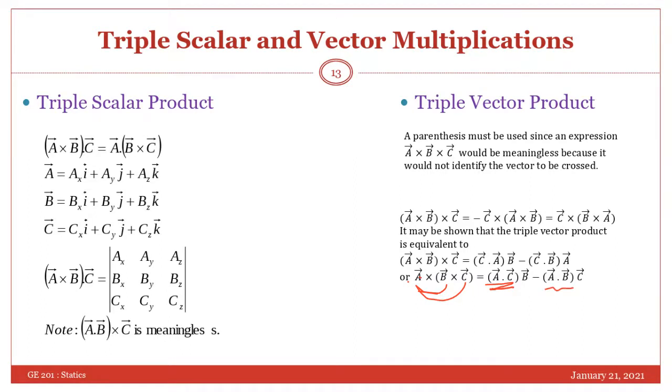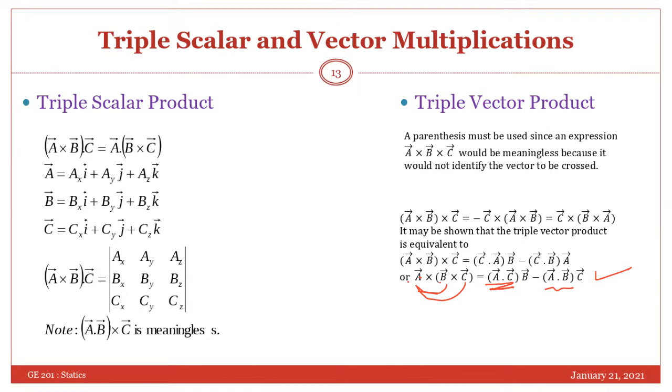This will increase or decrease the magnitude of vector C. So first A dot C, then the remaining one, then first and second, vector A dot vector B, then remaining. Okay, so this is the formula. You can remember this formula also, that is also the same thing. Okay, but I feel this is easier. This into this remaining, then this into this remaining, minus this into this remaining. So you can use any of these two formulas to find out the vector triple product.